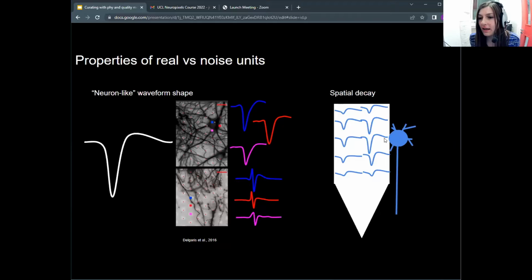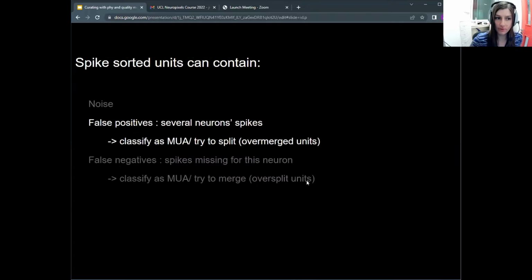And then as you get further away from the neuron, the spikes are going to get smaller in amplitude. So you can have this property, which we usually refer to as spatial decay, that should look like this. And noise will not necessarily have these properties. So this is something that's fairly easy to spot.